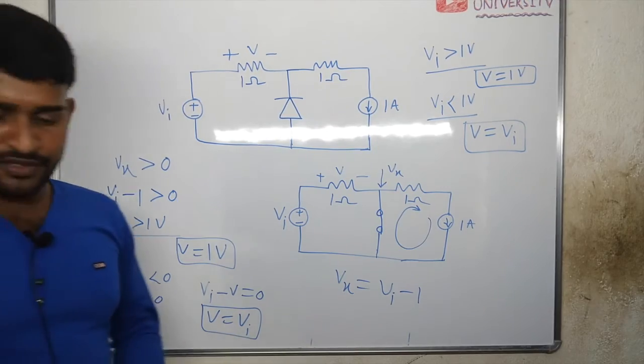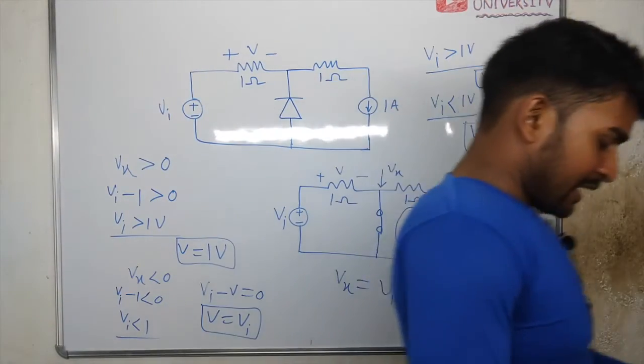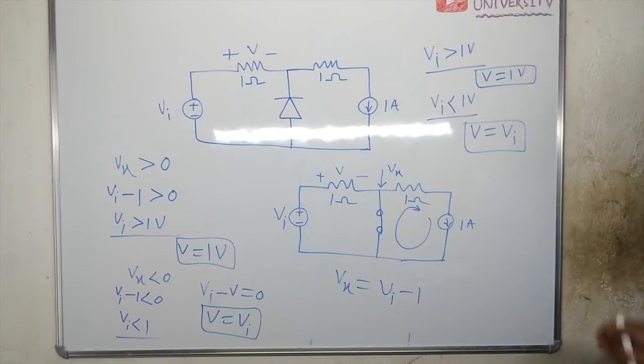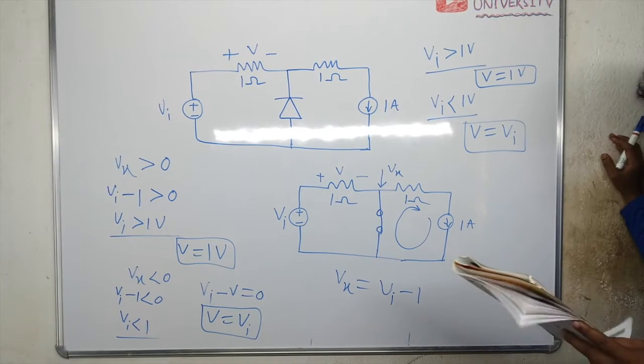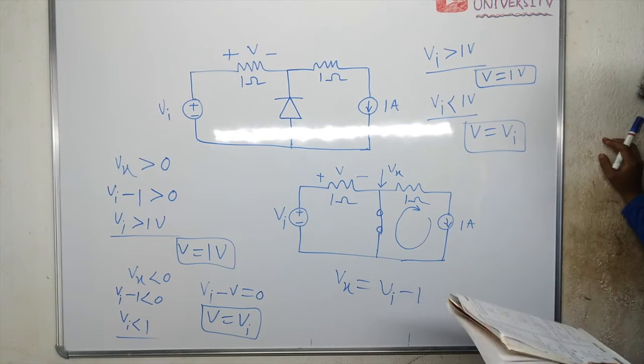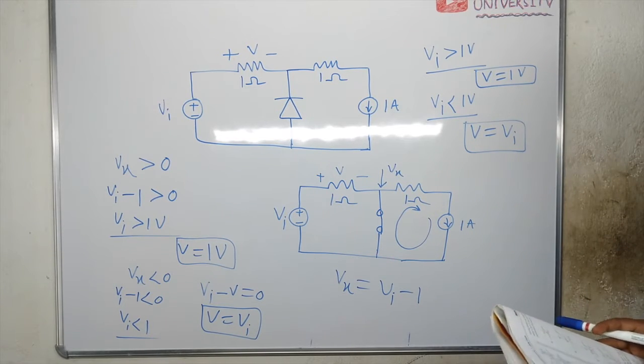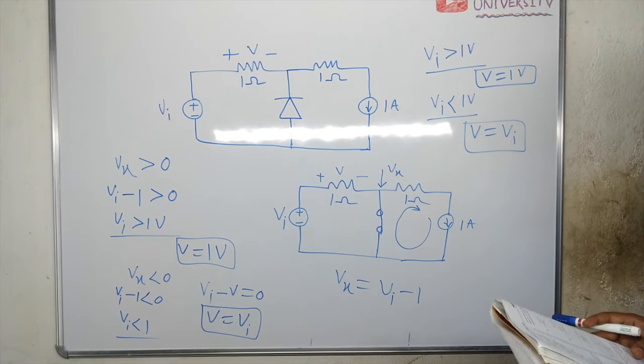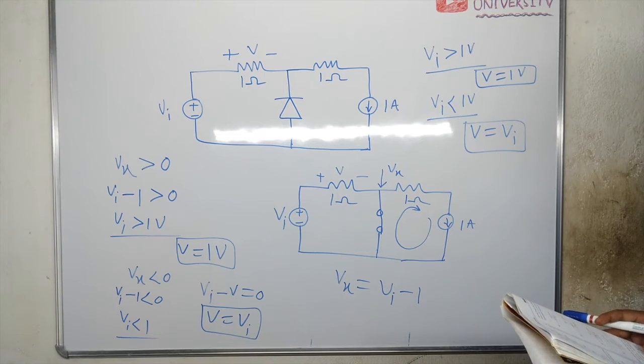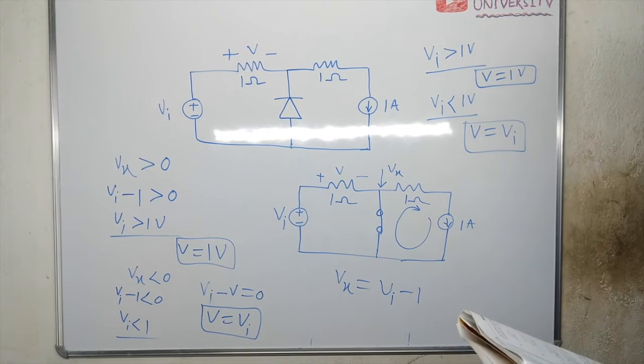And from the options, how to select the option? The first option is given, B is the minimum value between Vi and 1.